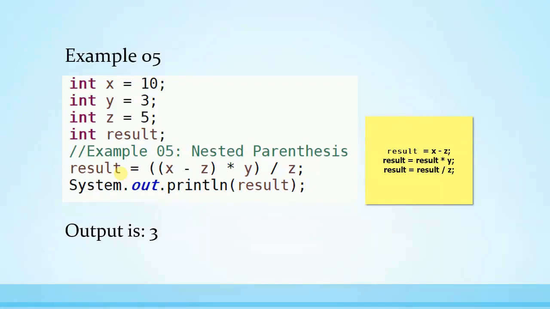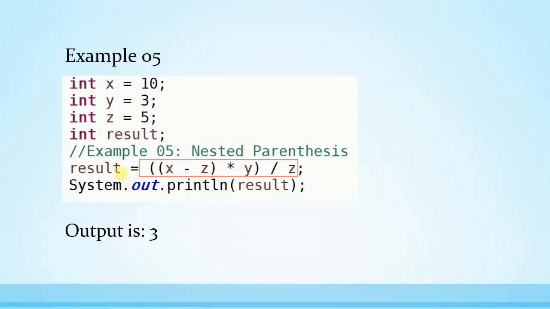And then in the next line, result equal to result by z. So like that, we can split this into 3 statements. But if you know the operator precedence, you can keep a mathematical formula in a single expression like this, because we know what operator needs to be evaluated first, and based on that we will form our expression.